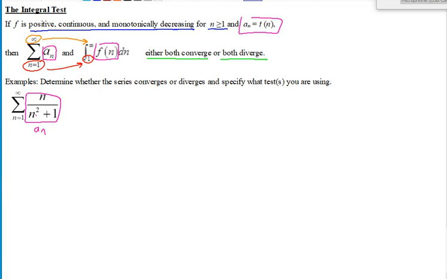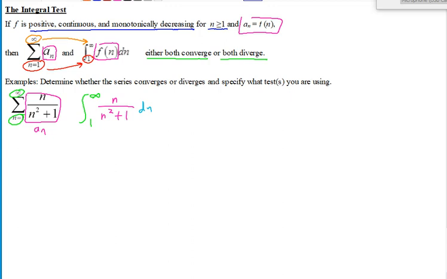It would be the integral from 1 to infinity of n over n squared plus 1, and then dn. Just a little different, with the variable n instead of x or t.